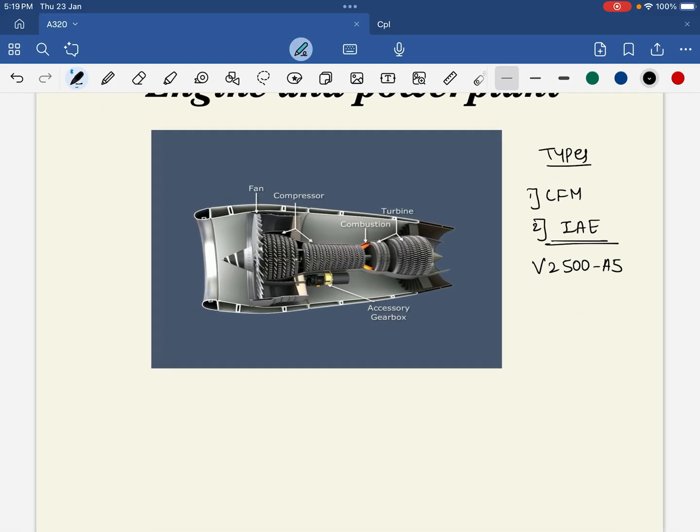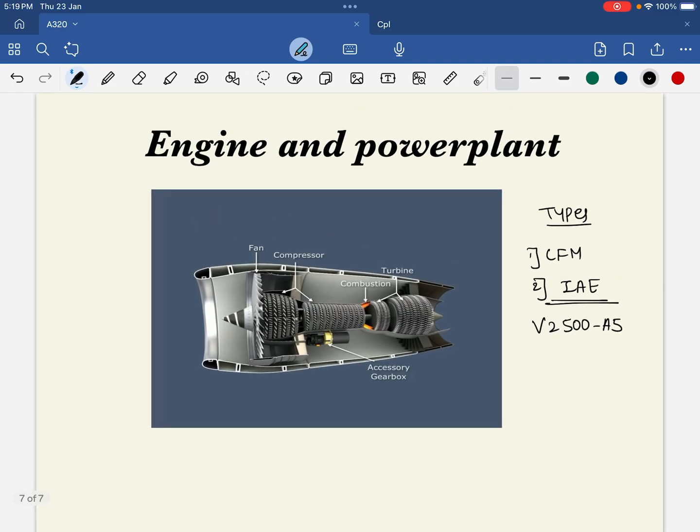So basically the speciality of the 320 aircraft is that all the systems have a computer which is controlling and monitoring it. Likewise, even the engine has a computer which is called FADEC. FADEC full form is Full Authority Digital Engine Control.